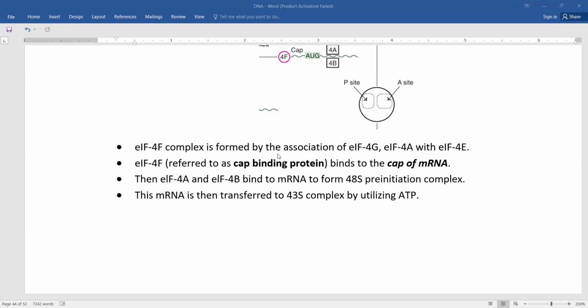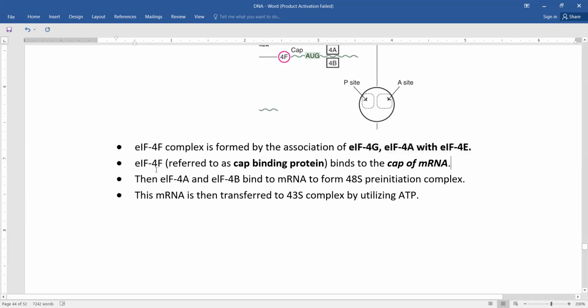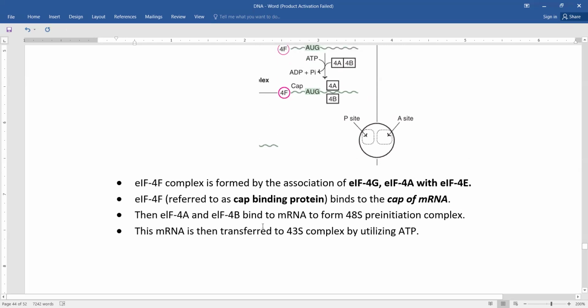Anyway, just now what I have explained: the EIF 4F complex is formed by the association of 4G, 4A and 4E. Then EIF 4F, referred to as cap binding protein, binds to the cap of mRNA. Then 4A and 4B bind to mRNA to form the 48 pre-initiation complex.